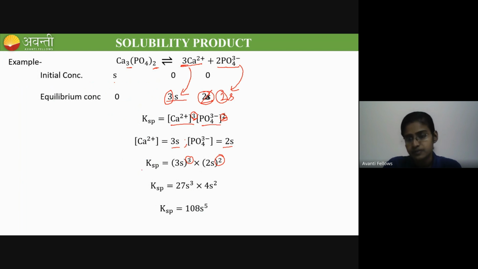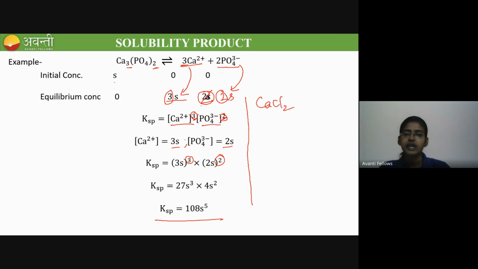So clear for all? Shall I give one more salt? Will you solve? Shall we try with one more salt? Okay, I'll give you one salt. You guys try and give me the KSP value. Which salt can we take? Okay, I'll give you calcium chloride. Can you find out the solubility product for calcium chloride? Let me see who finds the answer first. I'll give you 30 seconds. 30 seconds is enough to solve this. Try to solve this.